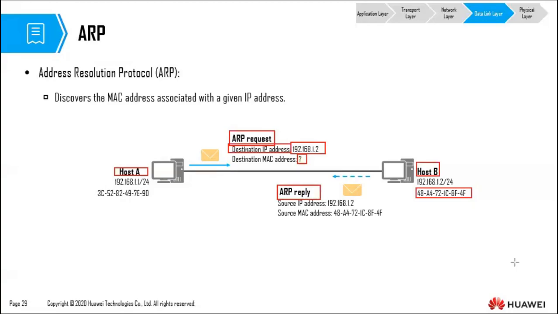In the ARP reply packet, it's going to indicate its source MAC address. And that is how this guy is going to learn about that particular MAC address.